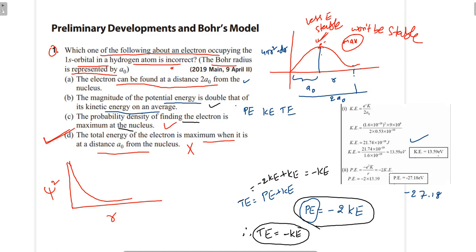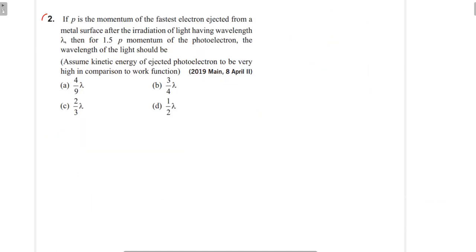Next, question number 2. If P is the momentum of the fastest electron ejected from a metal surface after the irradiation of light having wavelength lambda. See, this is the one metal.